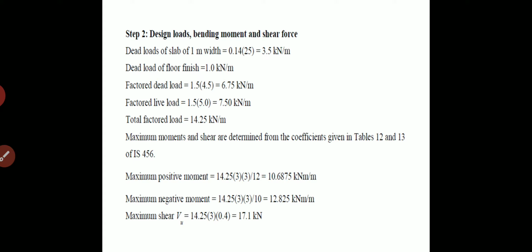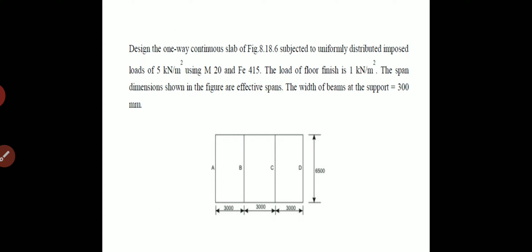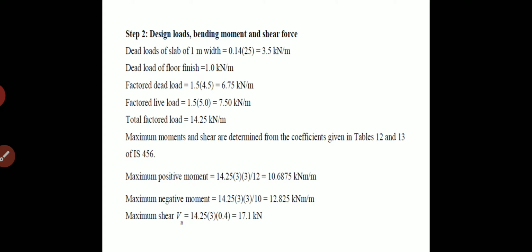And factored live load: in this question the live load is 5 kilonewton per meter square, multiplied with the factor of safety 1.5, so the factored live load is 7.5 kilonewton per meter.